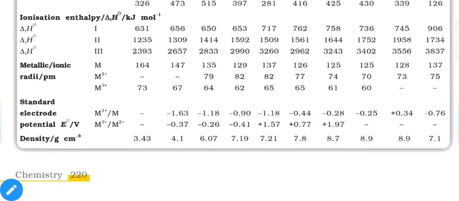As the number of electrons, protons and neutrons increases in subsequent elements, their masses will increase, but because of the attraction between electrons and the nucleus, they will shrink in size, and that's why density will increase.